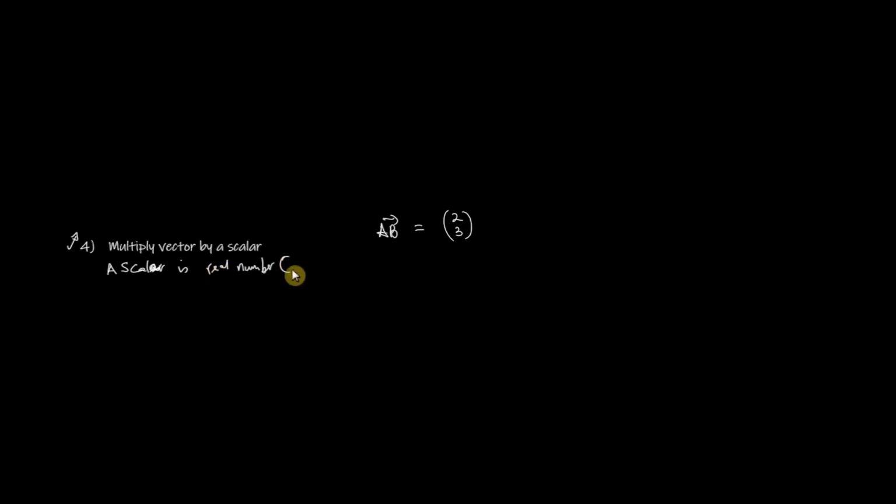We sometimes also refer to it as a constant. So a scalar is simply a real number. So 2, 1.5, negative 3, negative 1.5, those are all scalars. They are simply real numbers. So in fact, if I have AB is equal to 2, 3, then 2 times AB is equal to 2 times 2, 3, which is equal to 4, 6.